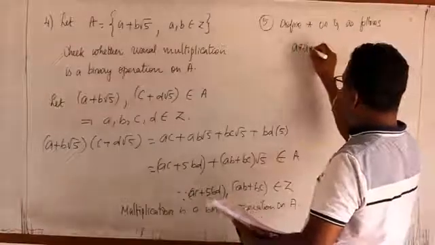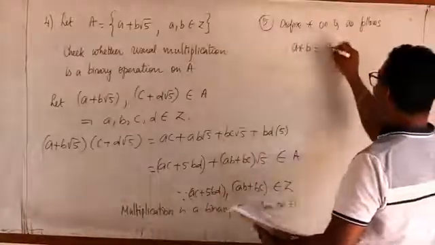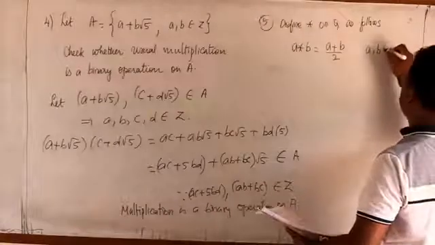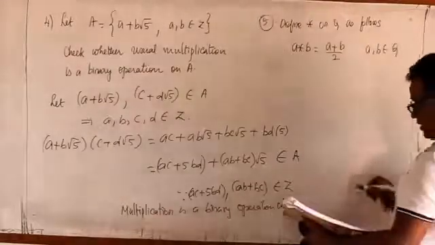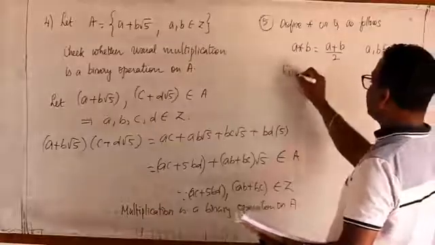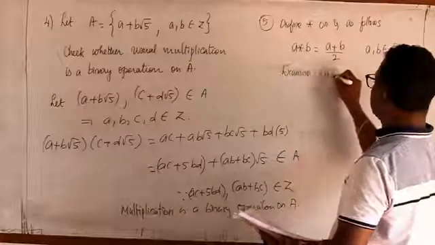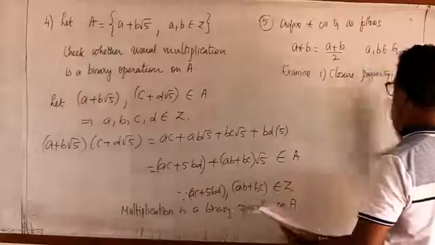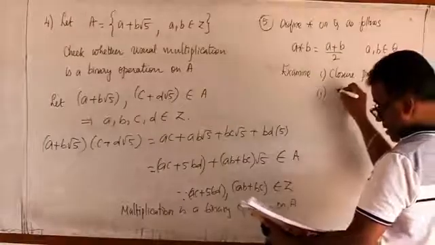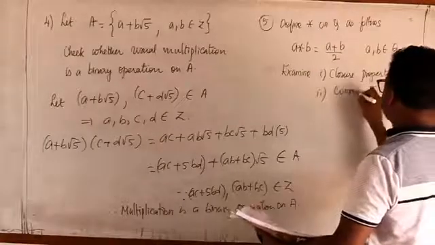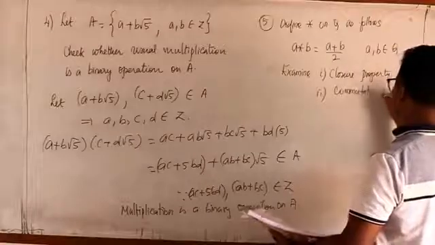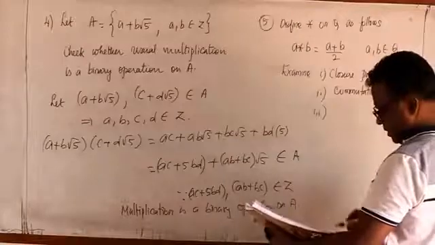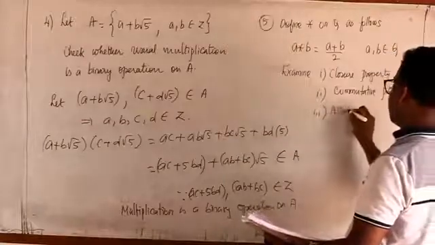A star B equal to A plus B by 2, where A, B belong to Q. Then examine closure property, second one commutative property, third one associative property.